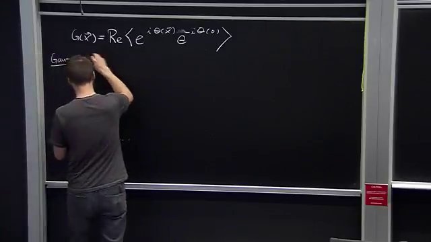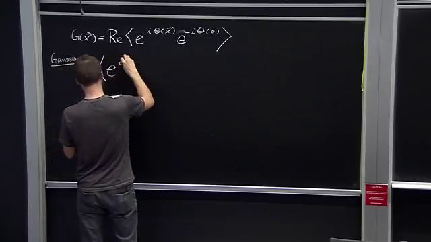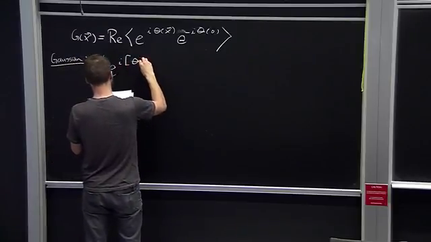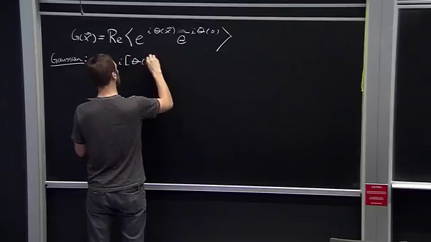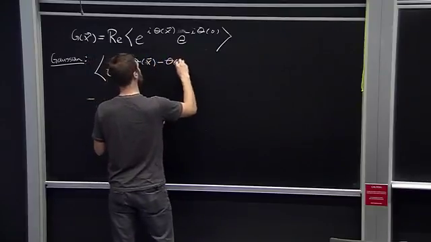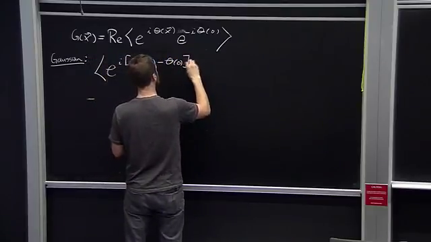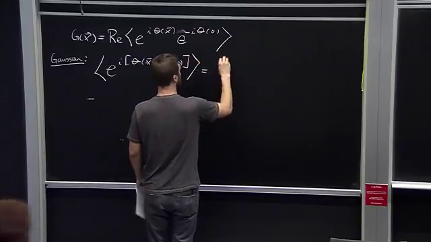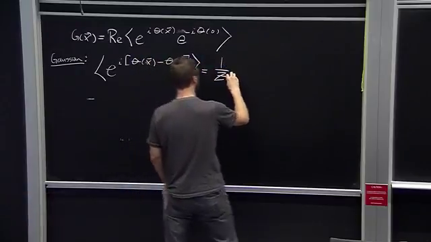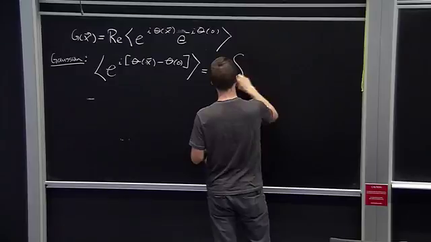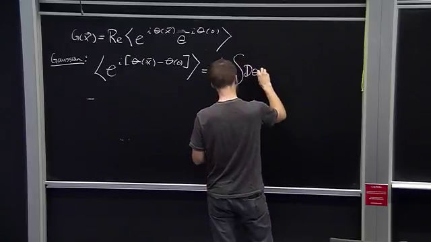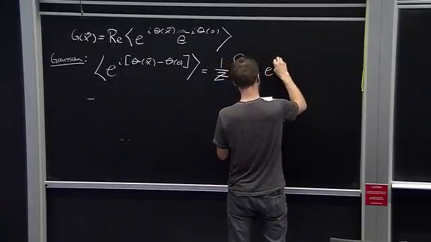So what does that expectation value mean? It's e to the i, let's write it like this, theta x minus theta 0. All right, so by definition, that's something like the functional integral.